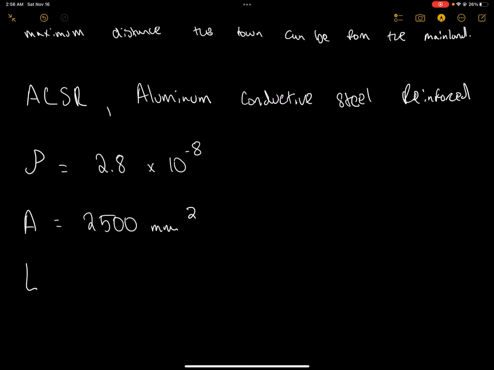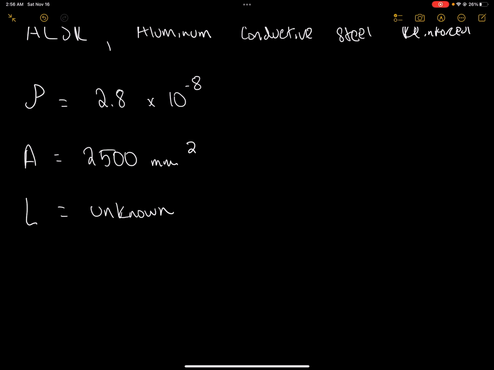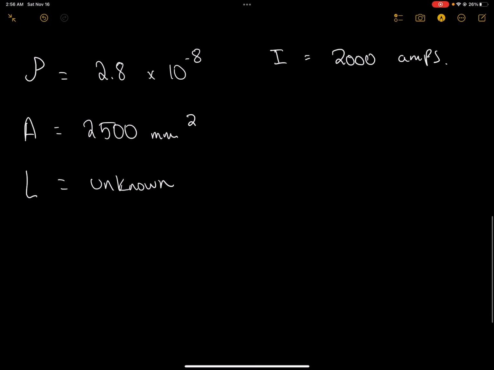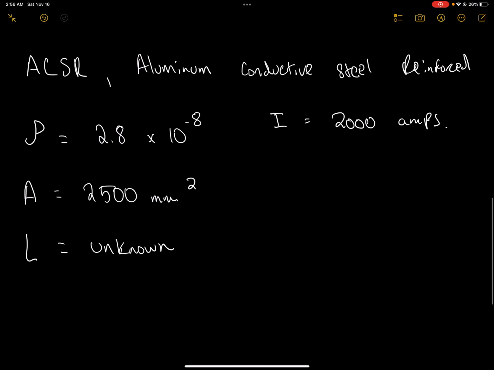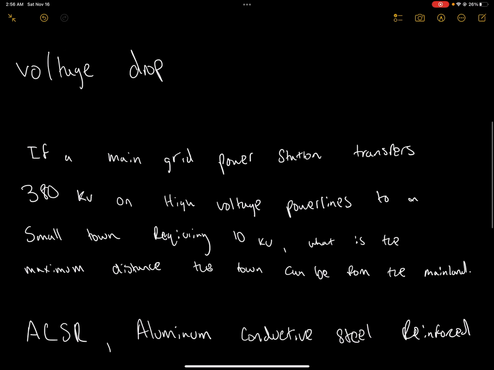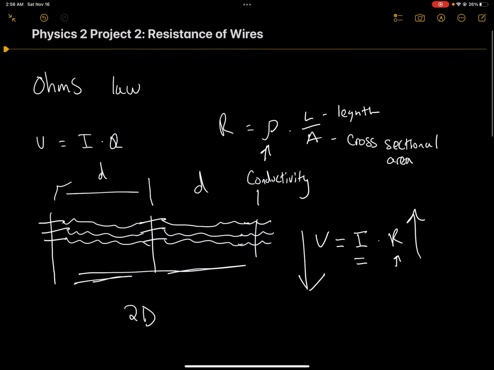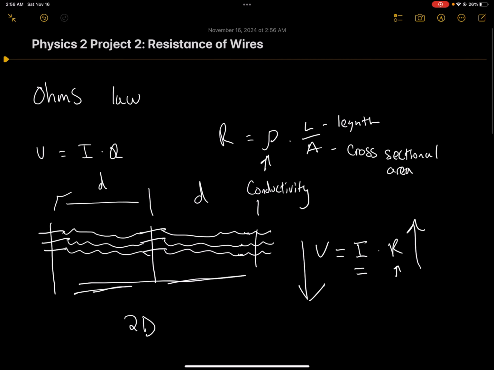The length is unknown, and for this hypothetical problem, we're just going to use that I, the current of the power lines, is equal to 2,000 amps.